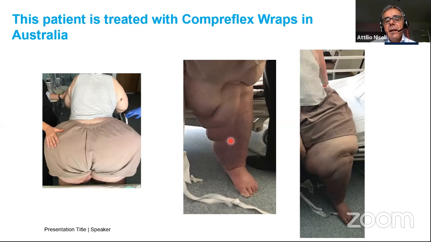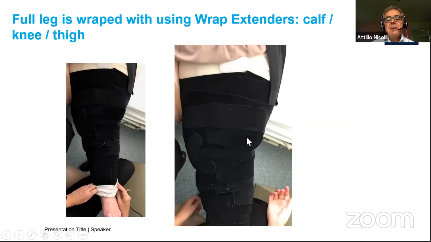So here it's definitely a very good case for wraps. And you wouldn't think that this is the same lady as you have just seen before. With the wraps, as you can see, these are the straps. There are also extenders, so we can add extenders.